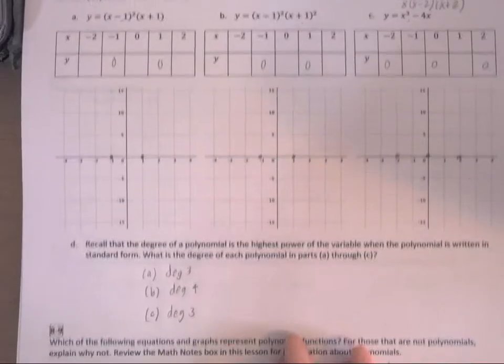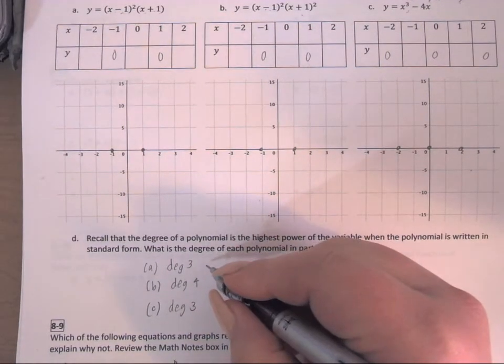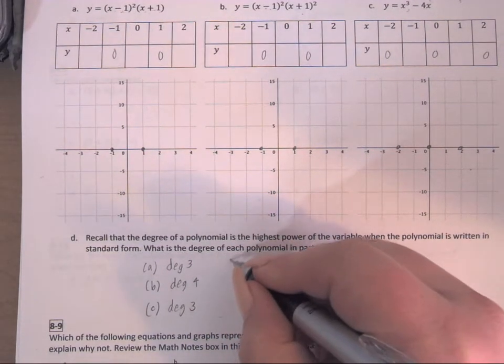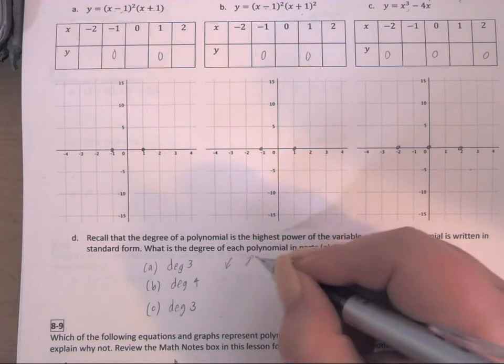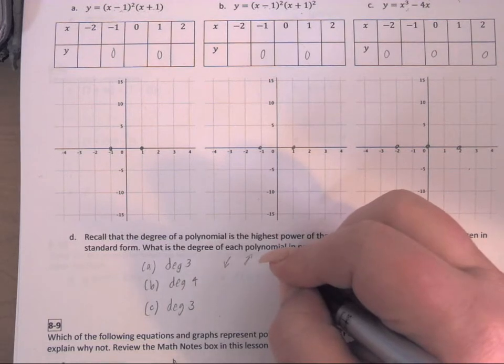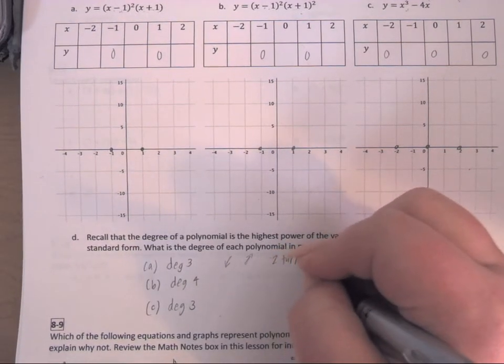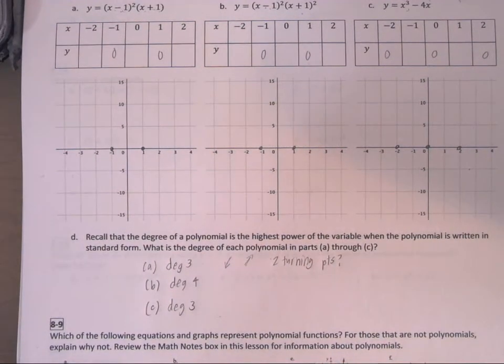Remember, the degree tells you about turning points and end behavior. Since this is degree 3, it's going to have a tail that goes like this, and another tail that goes like this, and it has up to 2 turning points. We'll figure that out in our graph.